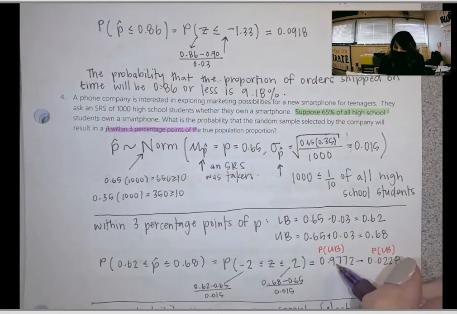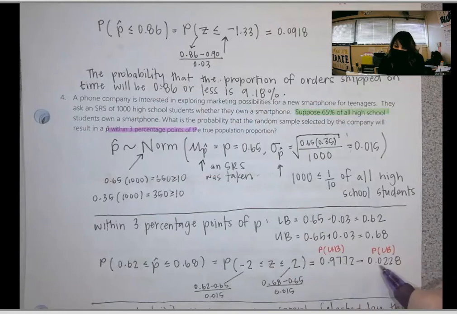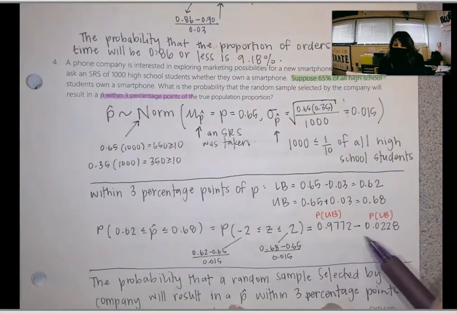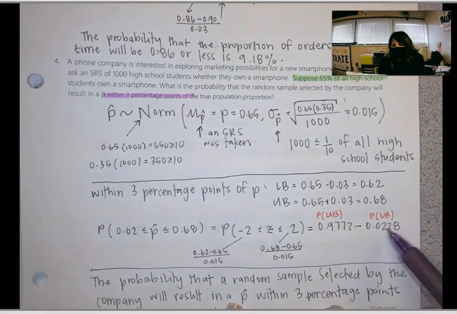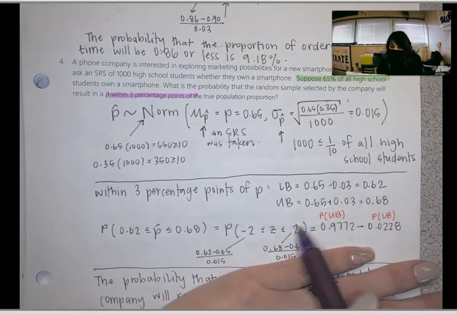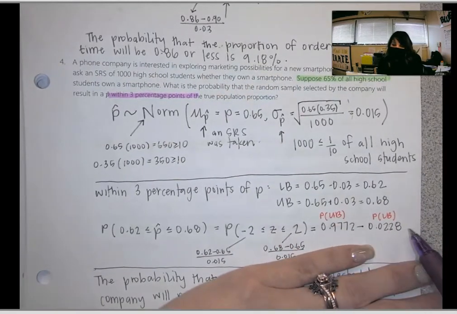So this is the probability of z less than 2, and this is the probability of z less than -2. If this is confusing you, I would go back and look at how you calculate percentages for a normal curve. I think that would resolve some of the issue.